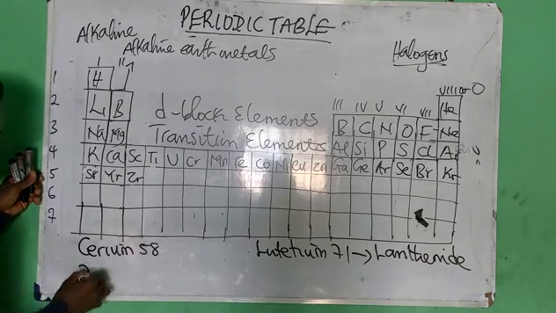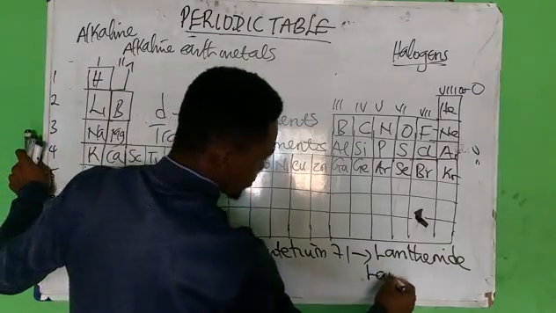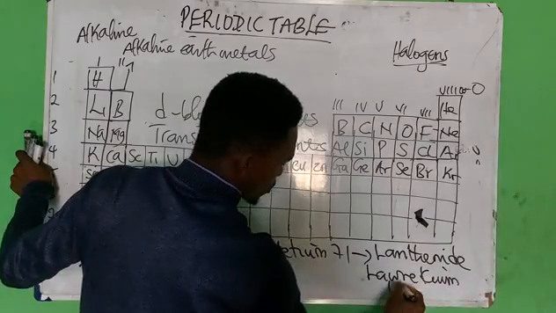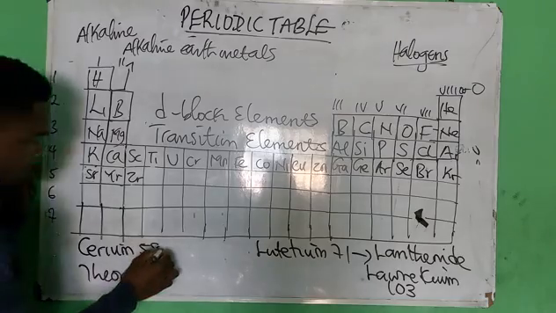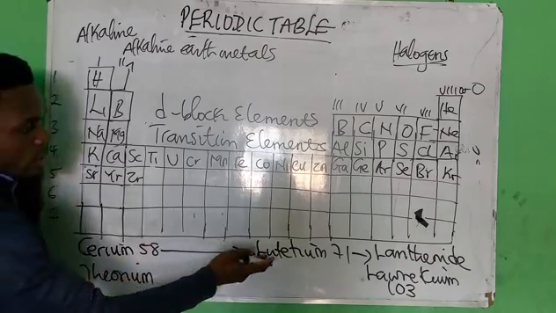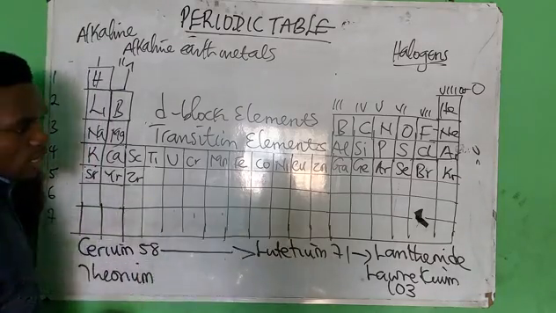Then elements from thorium to lawrencium, which is 103, are called what? Actinide elements. All right. So cerium to lutetium, which is 71, are called what?